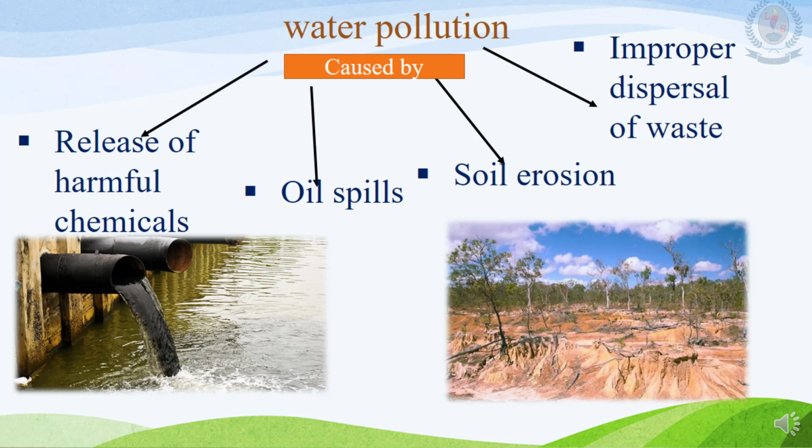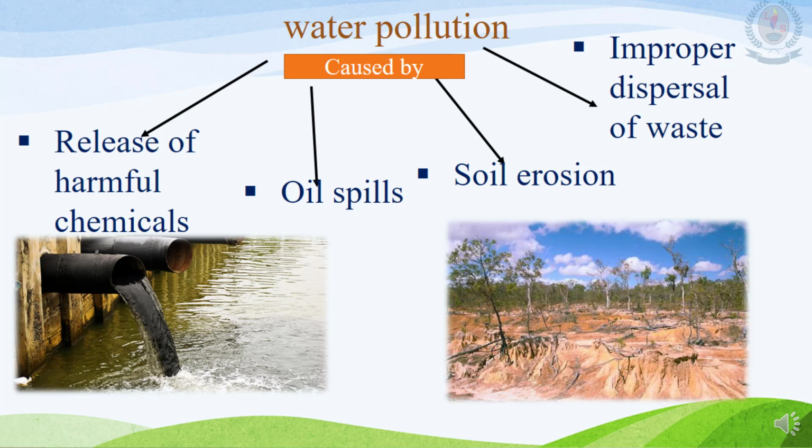Tell me children, do you know what is water pollution? Okay, water pollution is the contamination of water bodies such as lakes, ponds and rivers. So as before, in here also there are four major causes of water pollution.